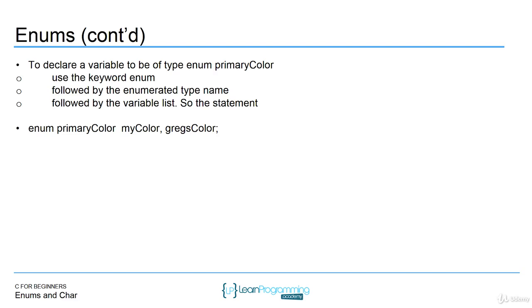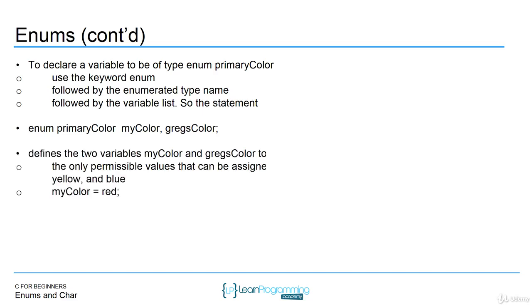Again, this is where we're using the enum. We've already defined what the enum can be, just red, yellow, or blue. And now we're saying we have two variables named myColor and gregsColor that can only contain one of those three values. They can't contain anything else. We're defining two variables, myColor and gregsColor, to be of type primaryColor, which is an enum type.